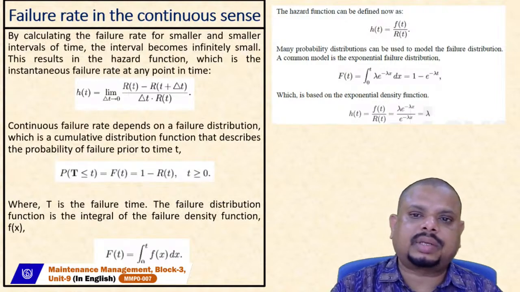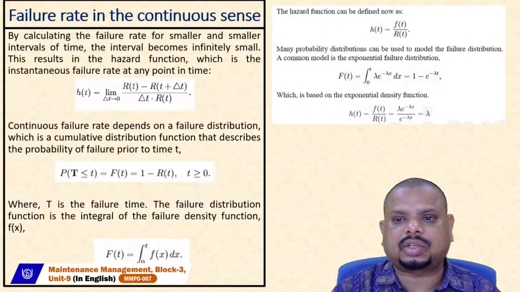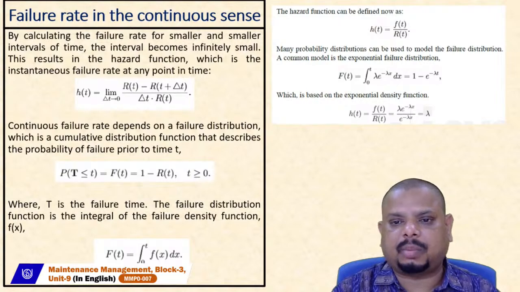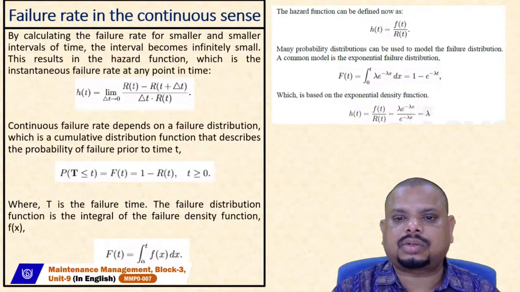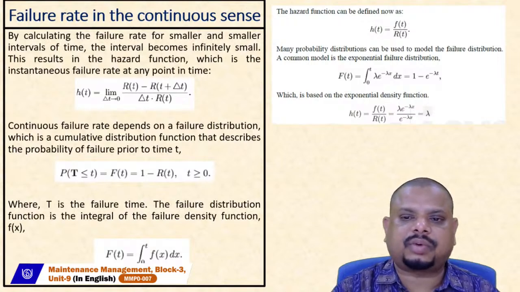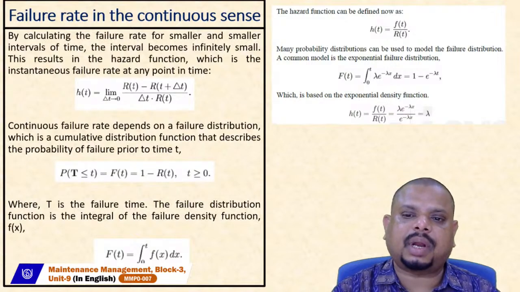Moving to the next one, to understand the hazard function, which can be expressed as h(t) equals f(t) divided by R(t). This is equation 4. Next, many probability distributions can be used to model these failure distributions. The common model, the exponential failure distribution, is F(t) equals the integral from 0 to t of lambda e to the power minus lambda x dx, and that equals F(t) equals 1 minus e to the power minus lambda t.